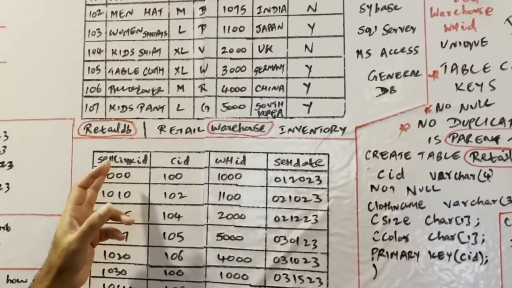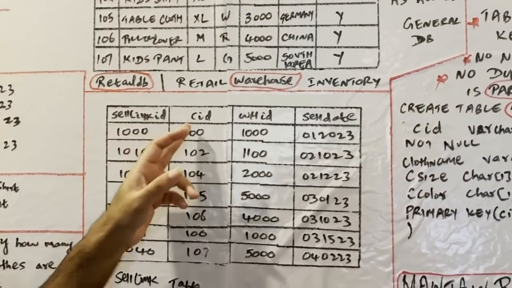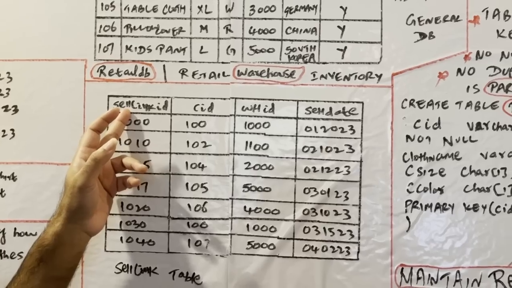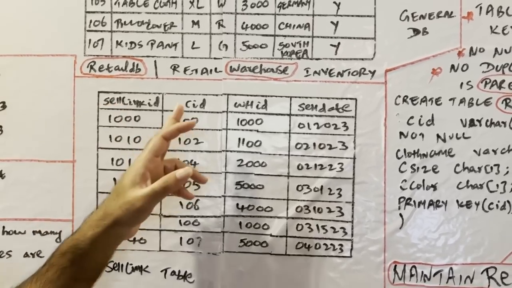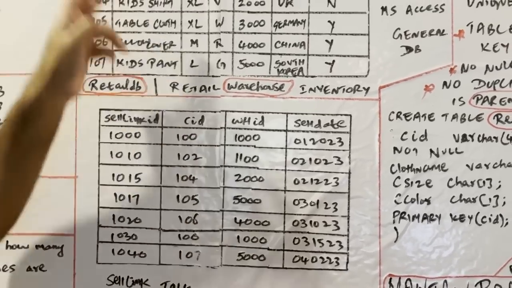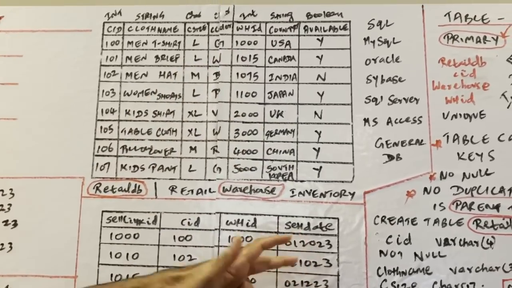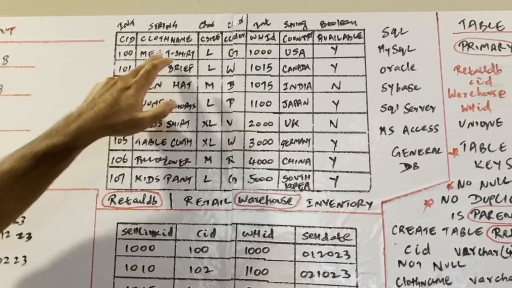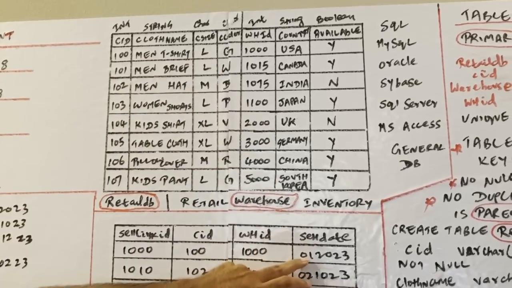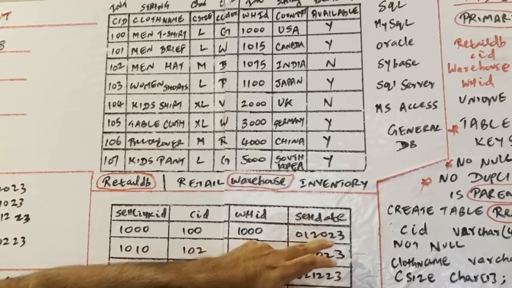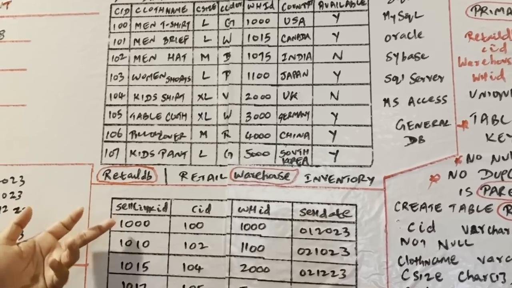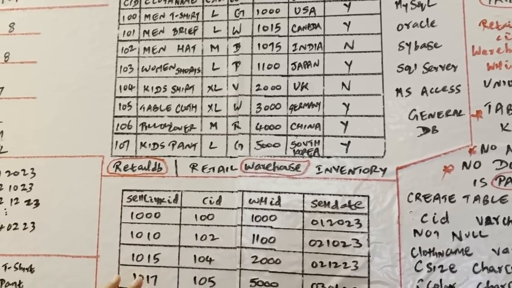All the primary keys are unique, no duplicates. CID is 100. Warehouse ID is 1000. Sell date. So what it means is this one, men's t-shirt large, was sold in January 2023. This is an example. That's how all the other rows follow.